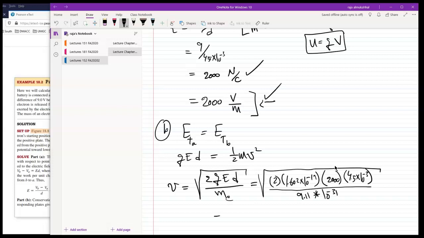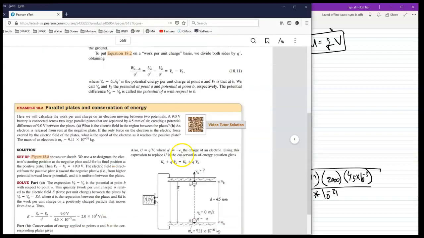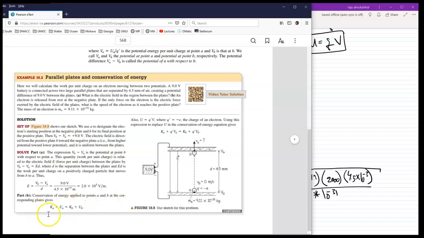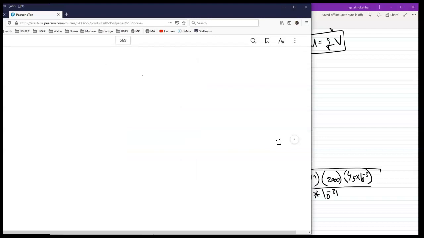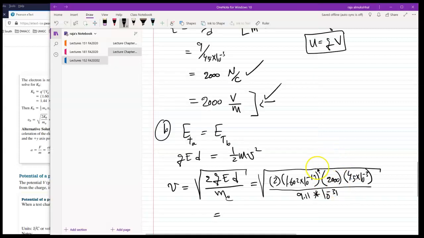Then we use the calculator, and I'm sure he did it the same way, maybe slightly different, but he's using conservation of energy right there, as you can see. And on the second page, he got the answer 1.8 times 10 to the 6 meters per second.